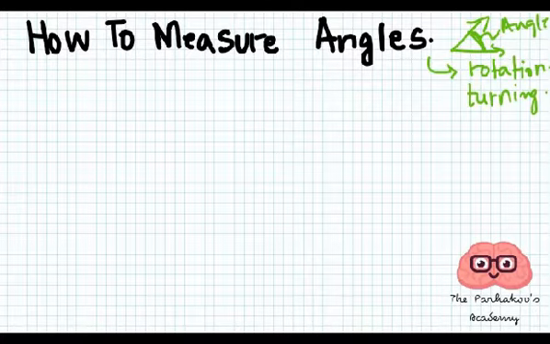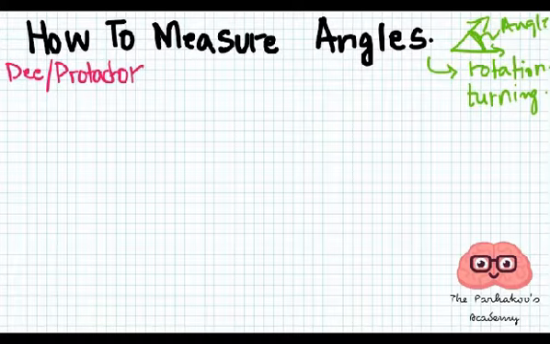Now here we are to measure angles. So there is a tool which is called D, or you can call it protector. So that is basically a semicircular scale which is used to measure angles. So let me show you.